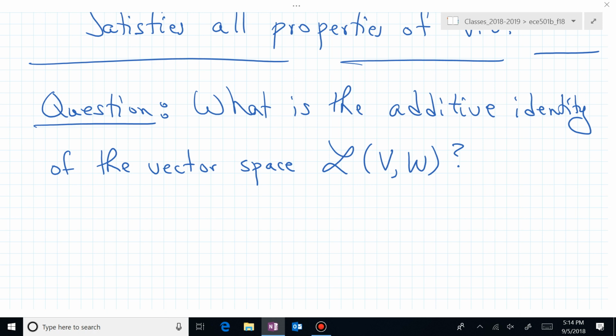This additive identity needs to be such that you give me a vector, a linear map, I add the zero or the additive identity to it, and I get the linear map back. So that's going to be the zero map, isn't it?